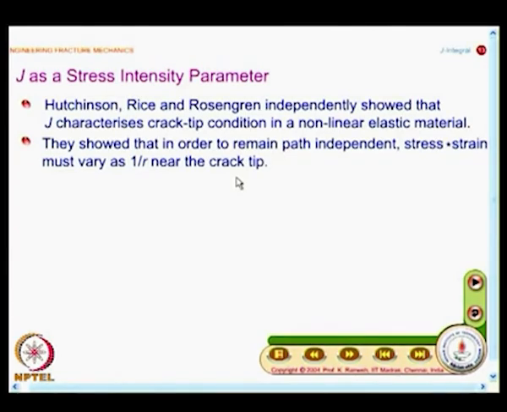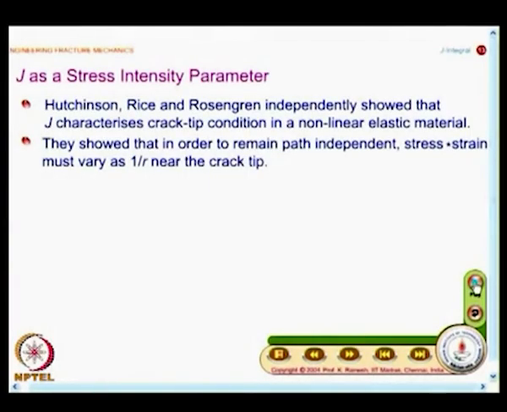So, the kind of singularity in the case of elastoplastic fracture mechanics is different from linear elastic fracture mechanics. In linear elastic fracture mechanics, you had the famous root r singularity. Here the strain hardening index also will play a role, we will see how.